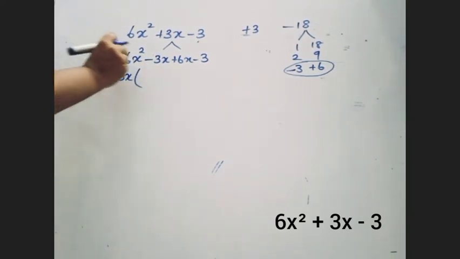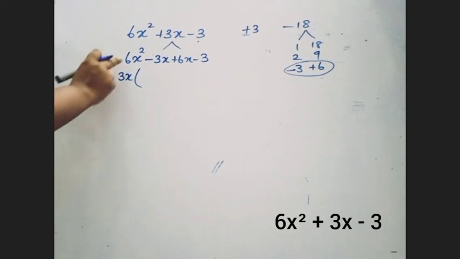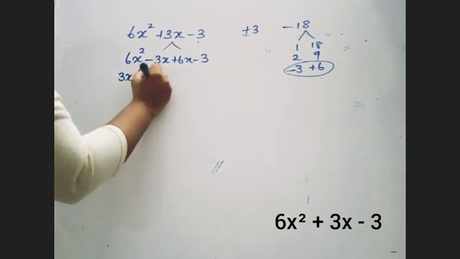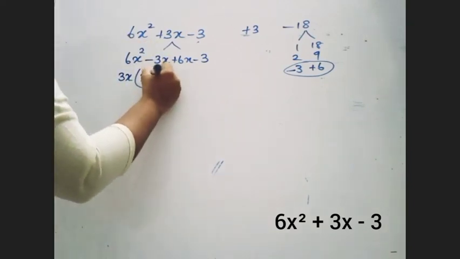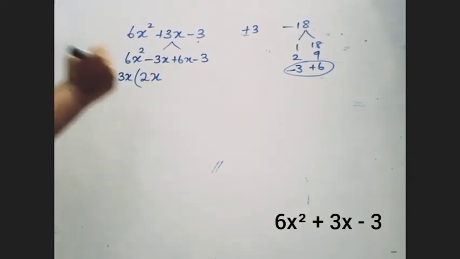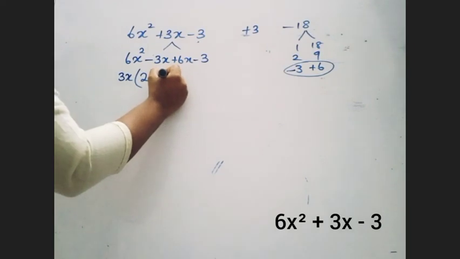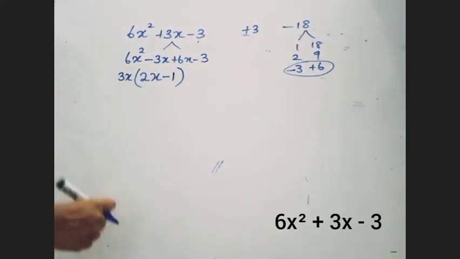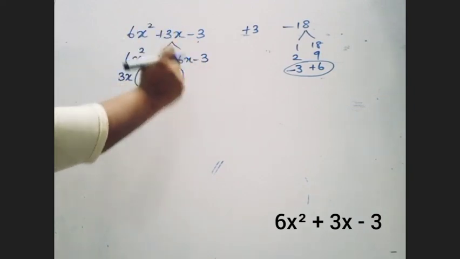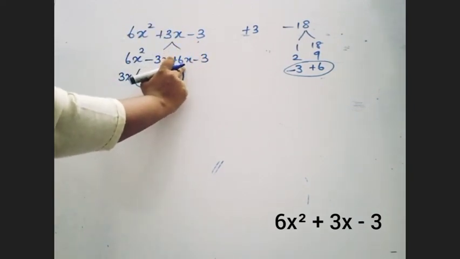So when you divide 6x square by 3x, 6 divided by 3 is 2 will be remaining. X square divided by x, 1x will be remaining. Again 3x divided by 3x, it is 1. Isn't it? Right. Now among these two, what is the common factor? 6x and a 3.